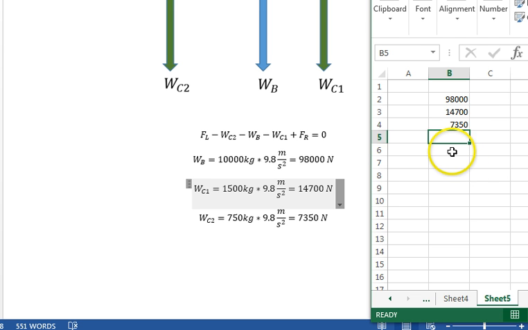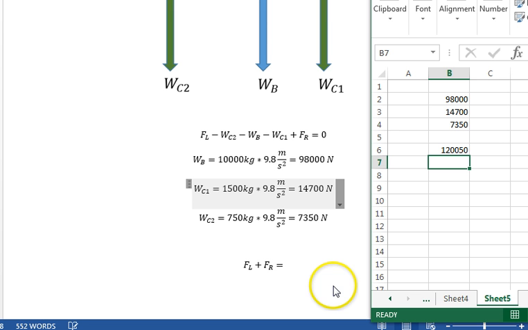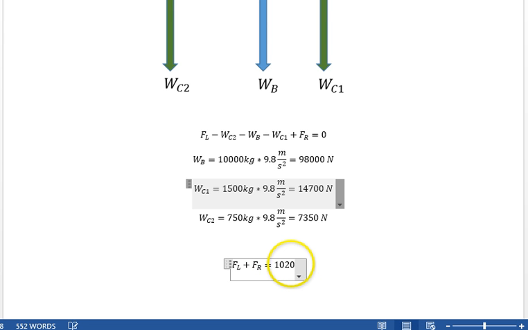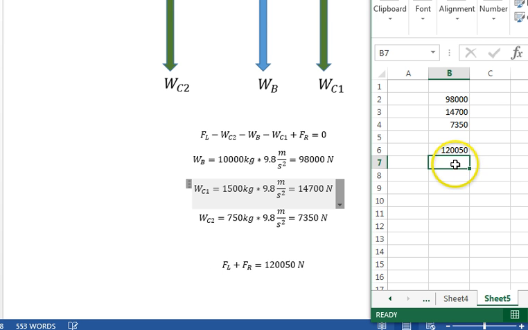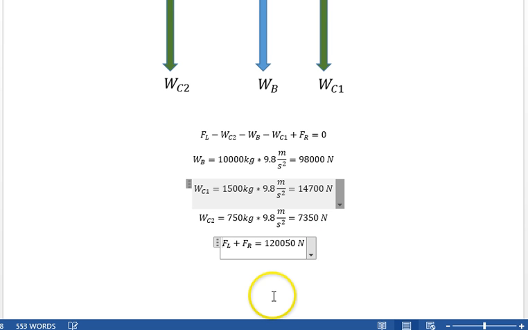If we sum all of those up, we get 120,050 newtons. So we could rewrite that first equation as FL plus FR equals 120,050 newtons.